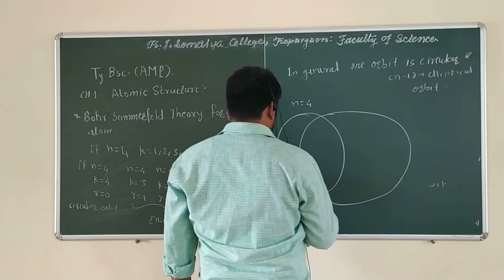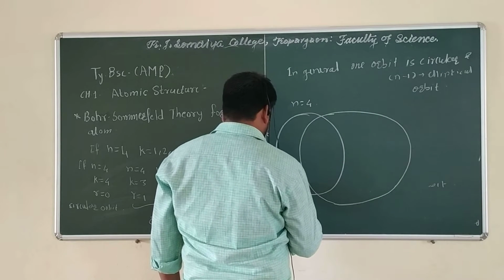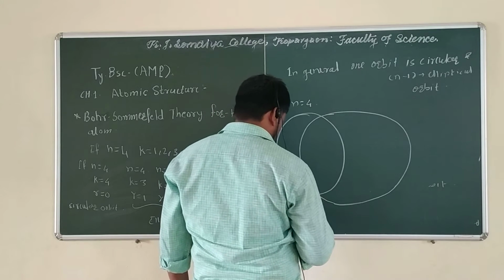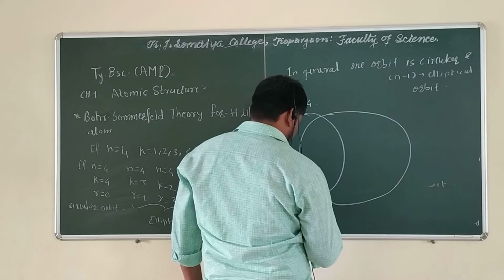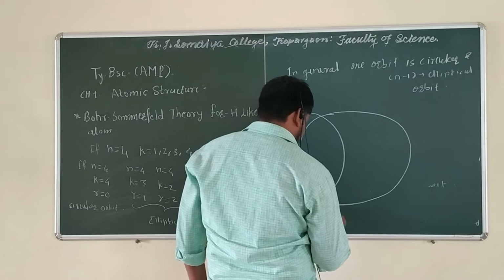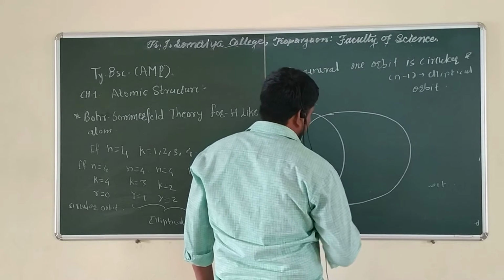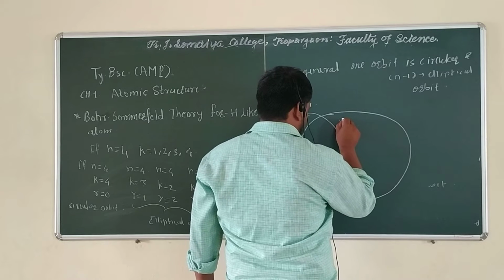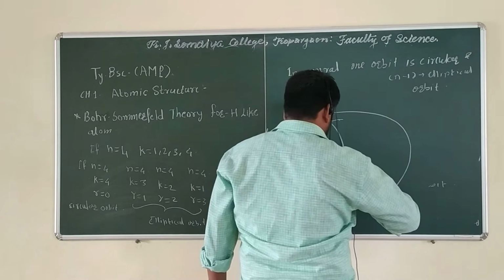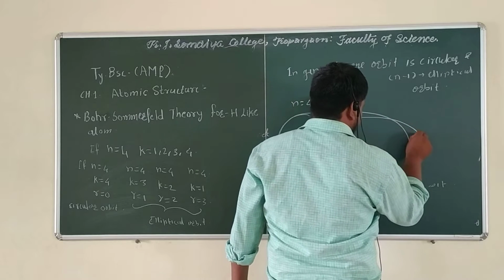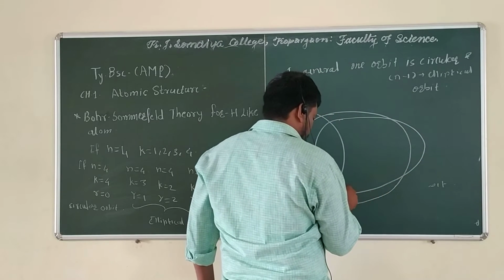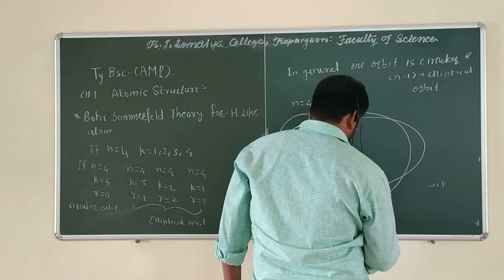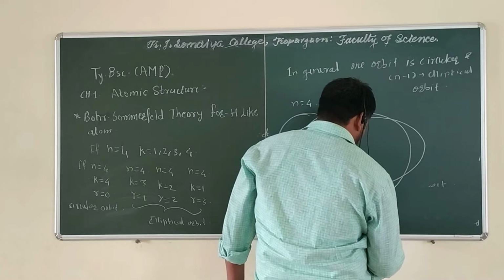This is for k equal to 4 and r equal to 0. This orbit is given by k equal to 3 and r equal to 1. Next, if k is equal to 2, then r is equal to 2, so the shape of this orbit will be considered an elliptical shape. And this is for k equal to 2 and r equal to 2.